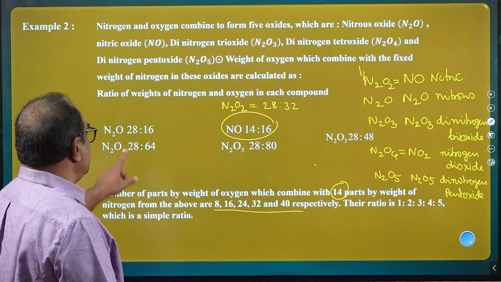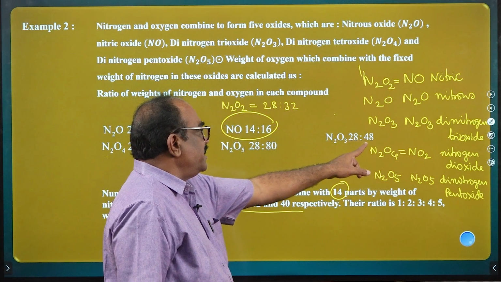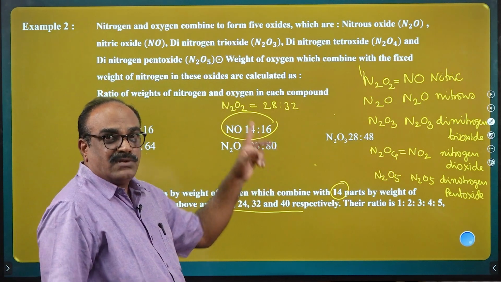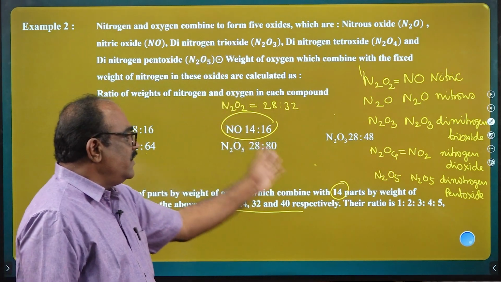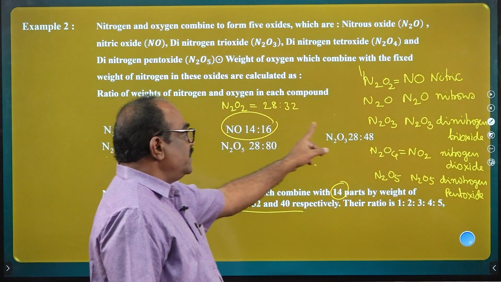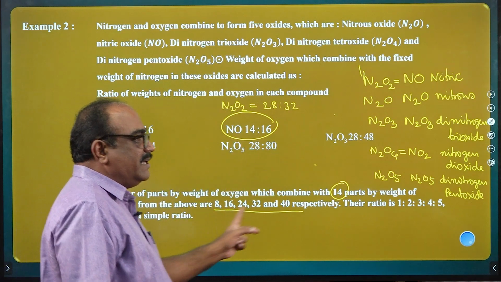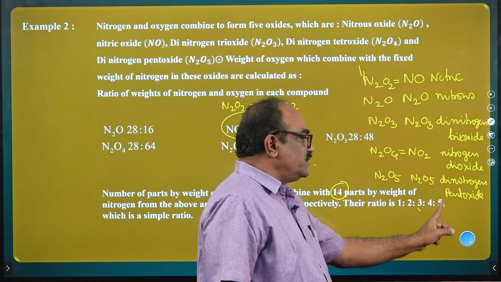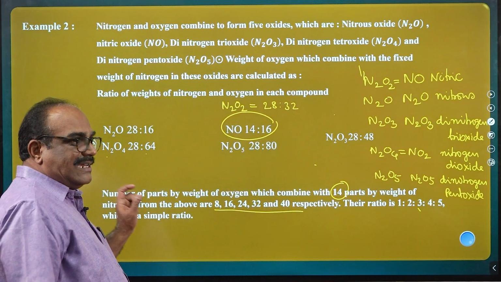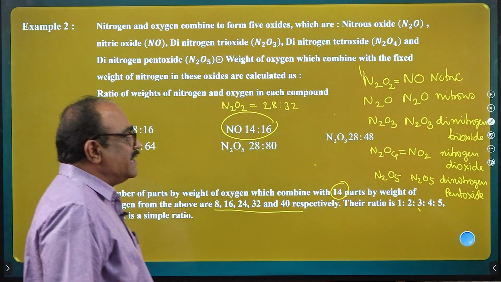Now you can take the ratio 28 is to 16, 28 is to 32, 28 is to 48, 28 is to 64, 28 is to 80. 28 is fixed and the remaining, if you take the ratio, will be 16 is to 32 is to 48 is to 64 is to 80, which is in the ratio of 1 is to 2 is to 3 is to 4 is to 5. With a fixed weight of one element, the other element which combines bears a simple ratio.